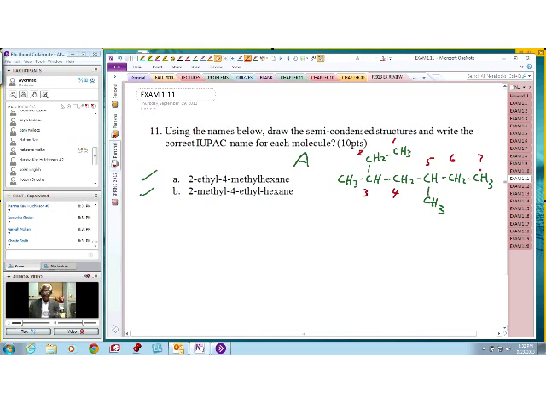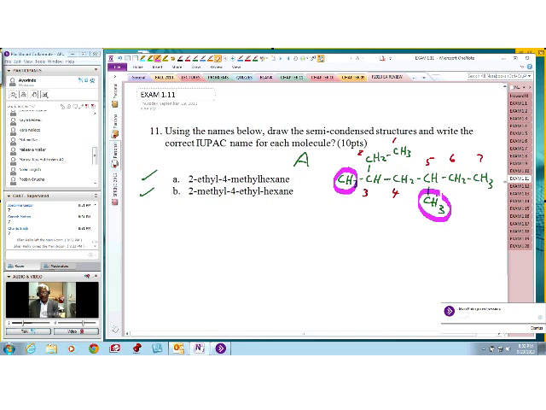Let us say we start counting from there, because keep in mind, you want to give your substituent the lowest combination of numbers. So this methyl here is a substituent, and this other methyl here is another substituent. So you have substituents in position 3 and 5.